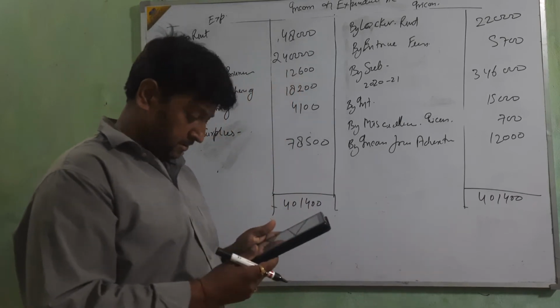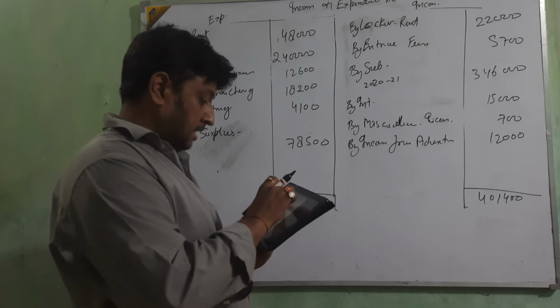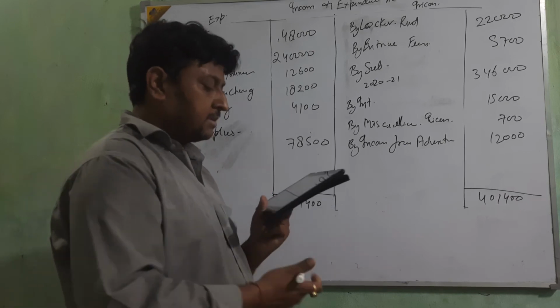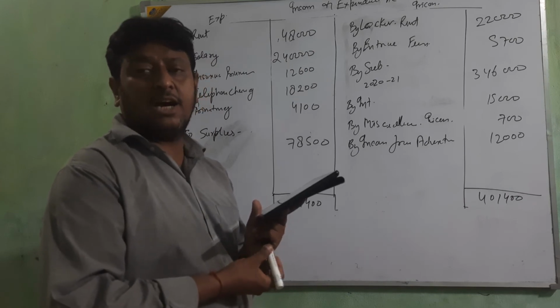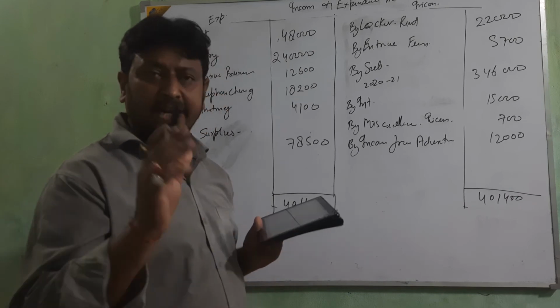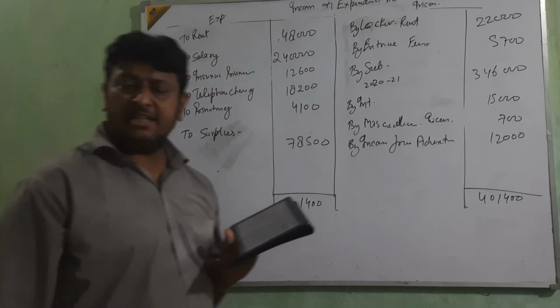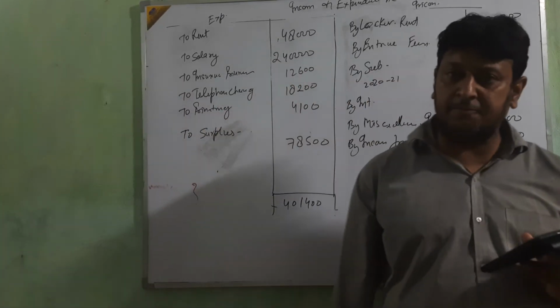The balance is given, we are not taking the balance because in the income and expenditure account we do not take any type of balance. Then life membership fee, it's capitalized, so we are not going to take it.